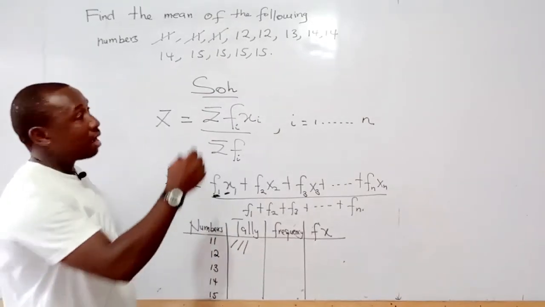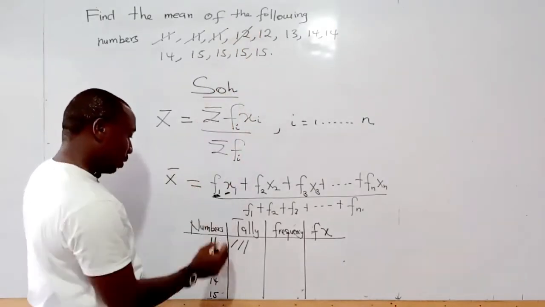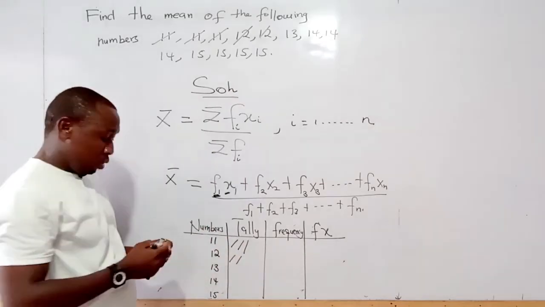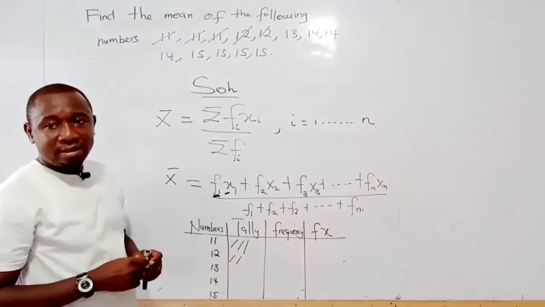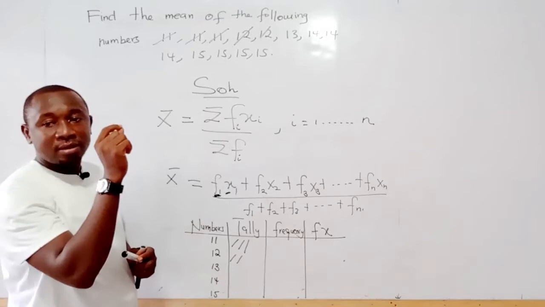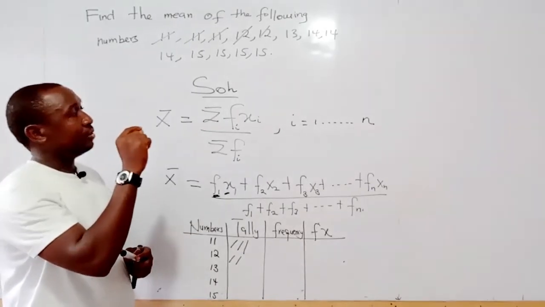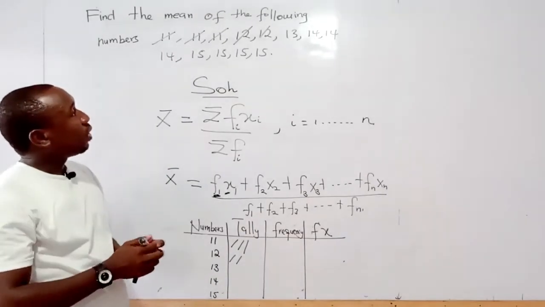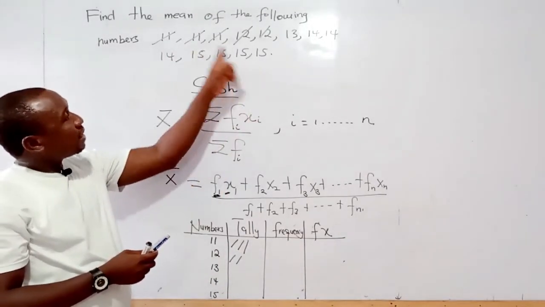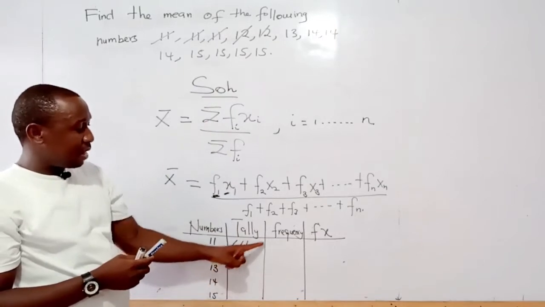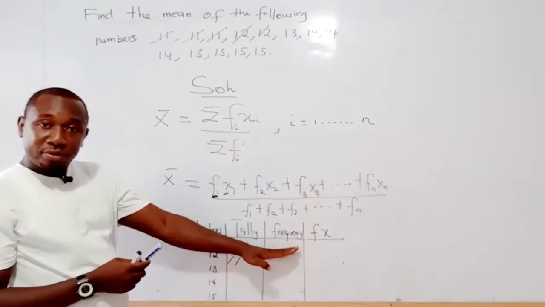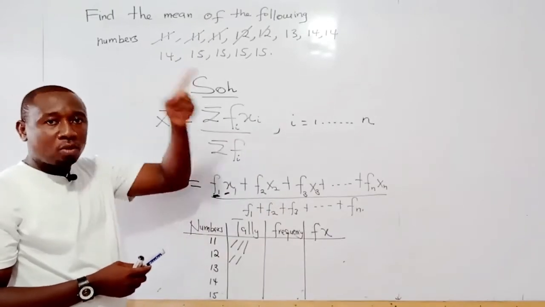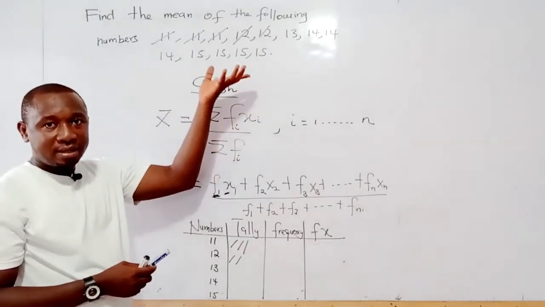12, 2, as you cancel, you tally, you cancel, you tally. We advise students to use a pencil to do the cancellation, because if you just look at the data and then write the number of tallies and the frequency, you may undercount or overcount the observations in the data set.